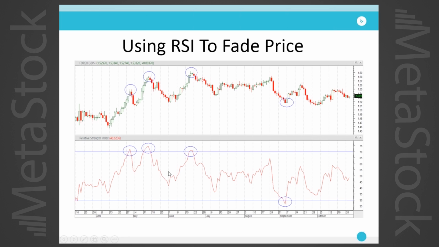So we can see that following that correction, we then got one further move up into the highs. And as we moved into that area, we can see that once more RSI topped out, hitting overbought territory, and we saw another reversal lower. We then chopped around slightly over this summer period. We moved a little bit higher before we saw a much deeper correction, a much more sustained sell-off.